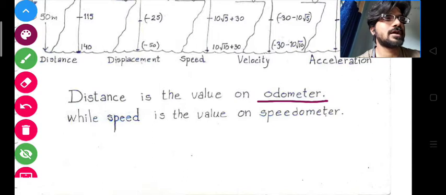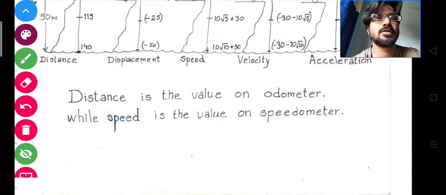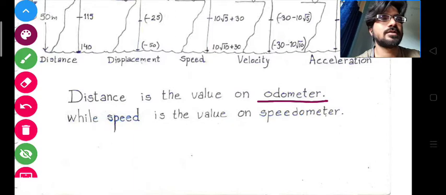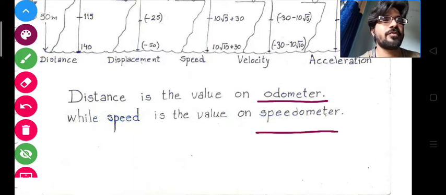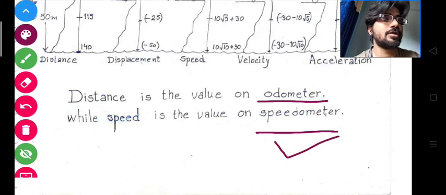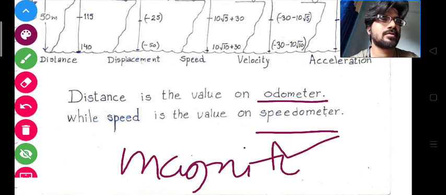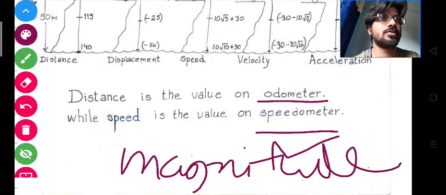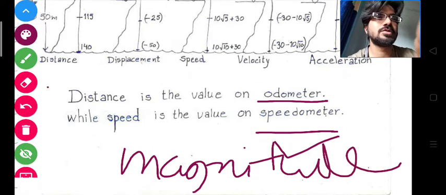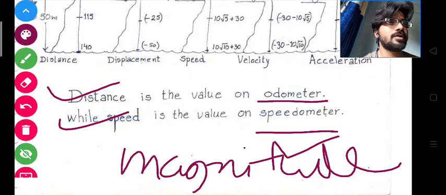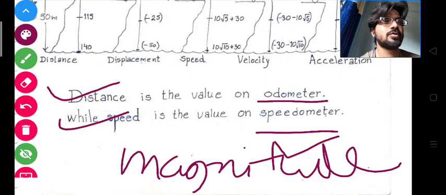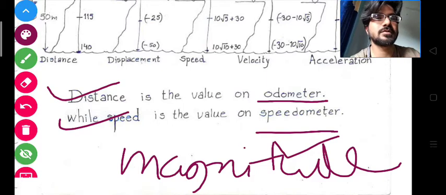And the value of speed is given by the speedometer, not the velocity. It does not give the direction in which you are traveling. The speedometer only gives you the magnitude, and the odometer only gives you the magnitude. So these both are represented by the odometer and speedometer. If the question comes, what the odometer shows, that will be distance covered.